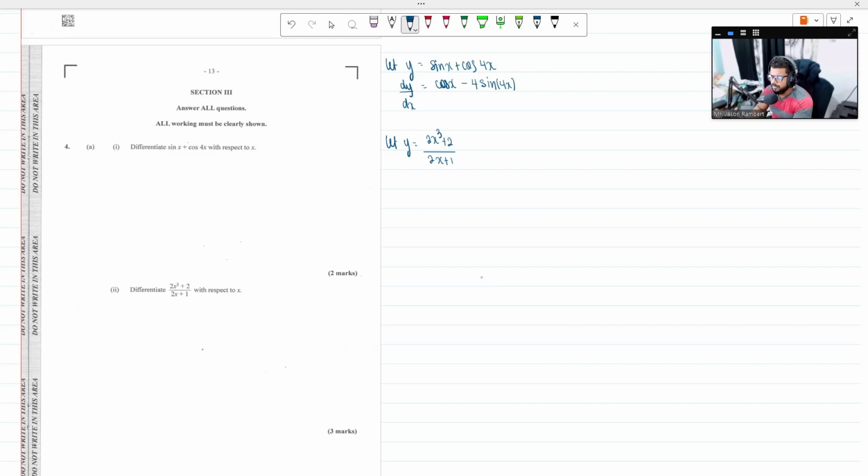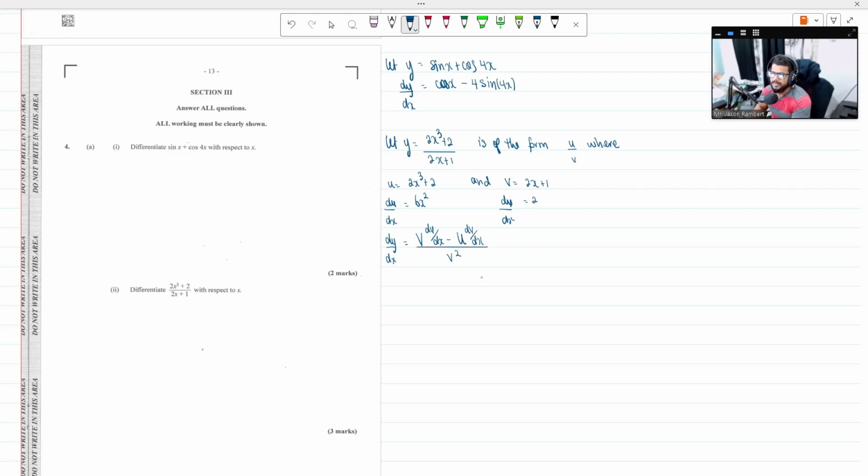This is of the form u over v, where u is equal to 2x cubed plus 2 and du dx is equal to 6x squared, and v is equal to 2x plus 1. dv dx is just 2. dy dx is equal to v du dx minus u dv dx all over v squared.